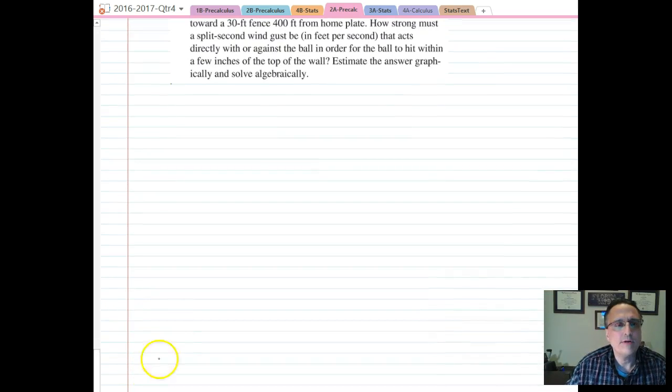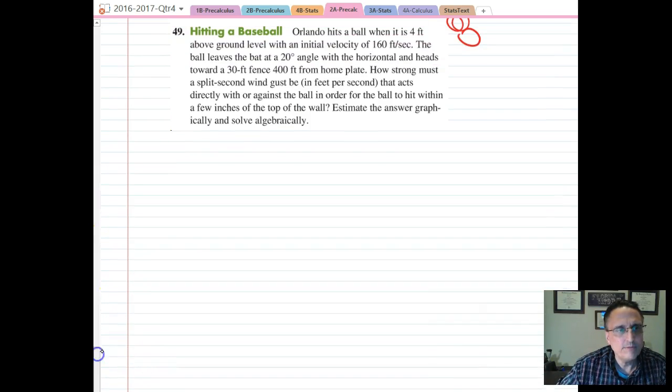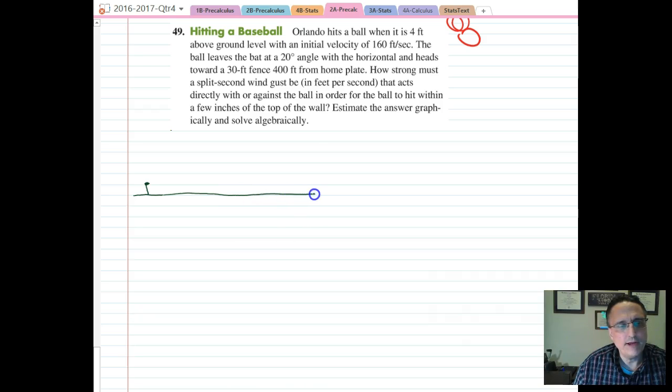Now, we're going to draw a picture like we normally do. And I'll do my best to make this neat. But anyways, so there's the ball. It's going to be hit here, and it is going to travel. And then there's going to be a 30-foot fence out here.